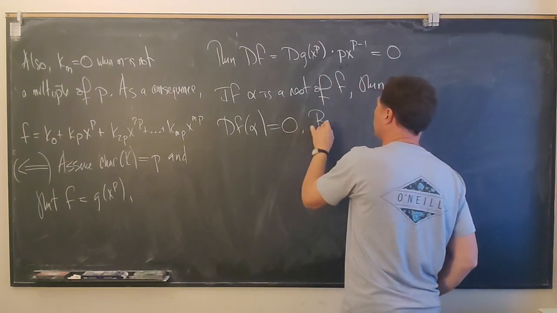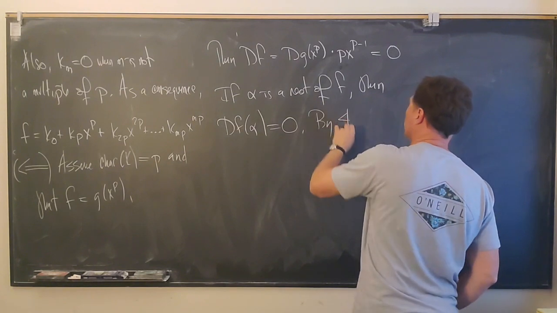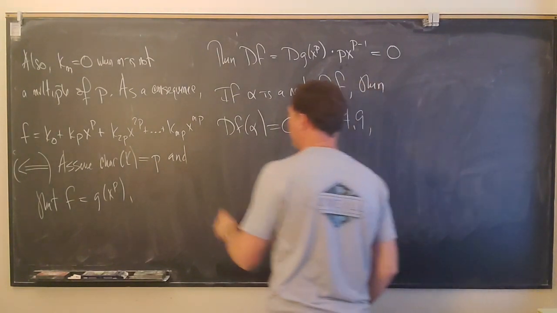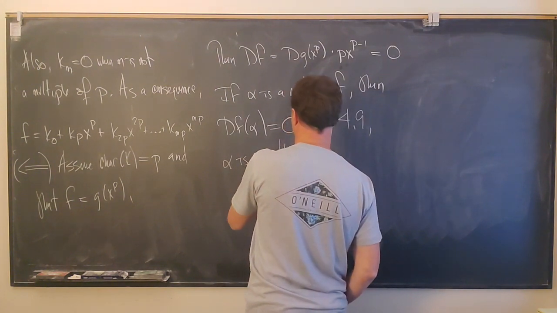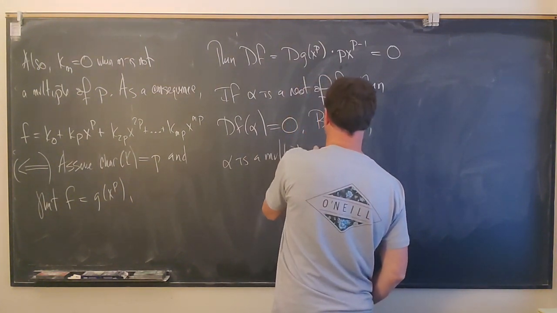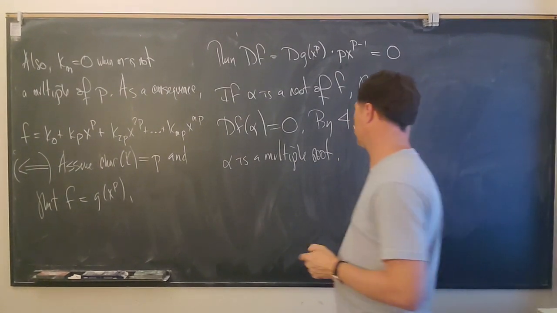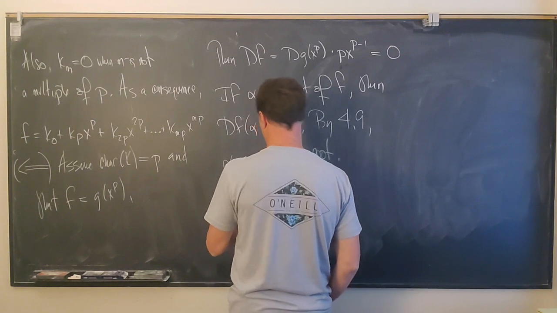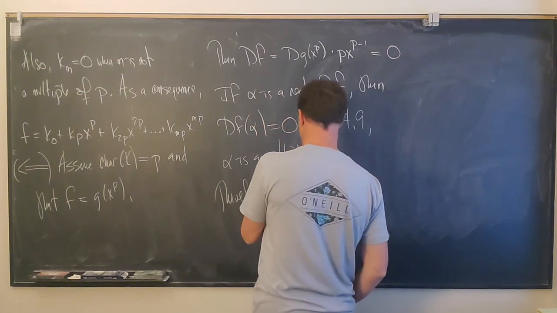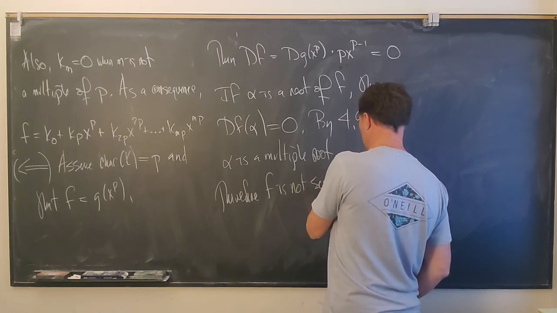So by theorem 4.9, alpha is a multiple root, which tells us then that our polynomial f is not separable. So therefore, f is not separable.